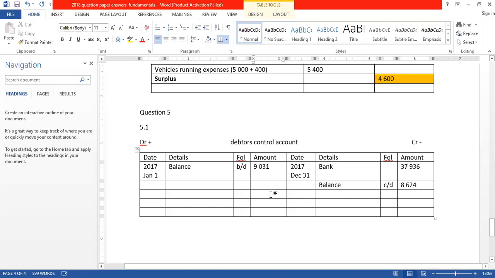Now, what did we say about balancing off? When you balance off your accounts, you add up the two sides. Obviously, by looking at this table, you can tell that the credit side is the biggest. So let's try balancing.